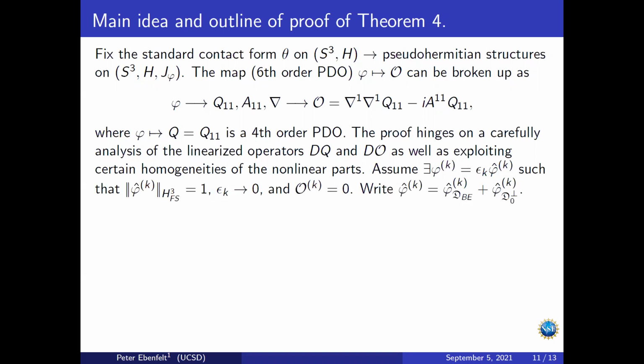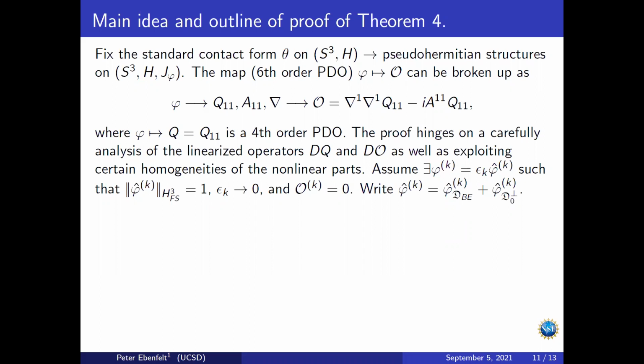So you proceed by contradiction. You assume that you can find a sequence of deformation tensors tending to 0 that are obstruction flat. So you have these phi upper k with obstruction functions O upper k, and you can write it as epsilon k times something that you normalize in Folland-Stein 3 space to have Folland-Stein 3 norm 1, and then you have an epsilon k that goes to 0.